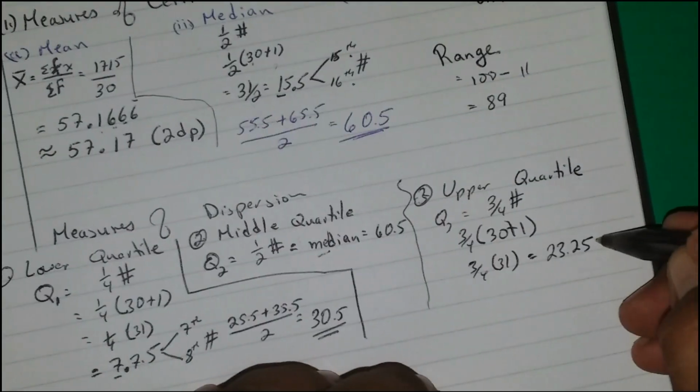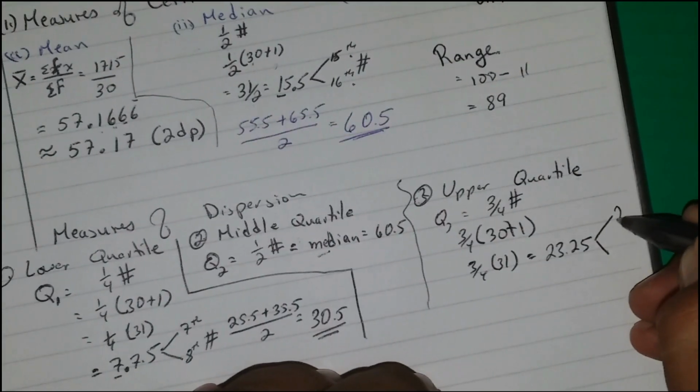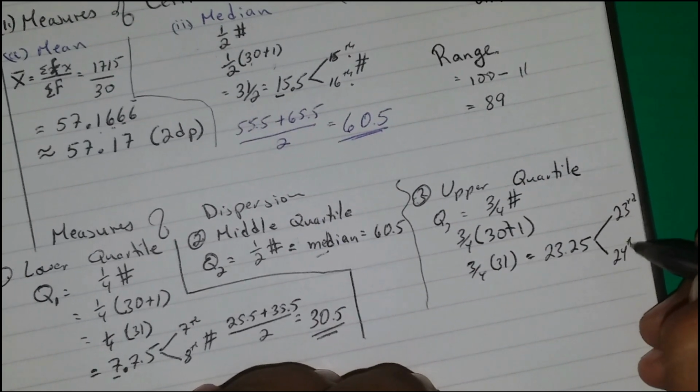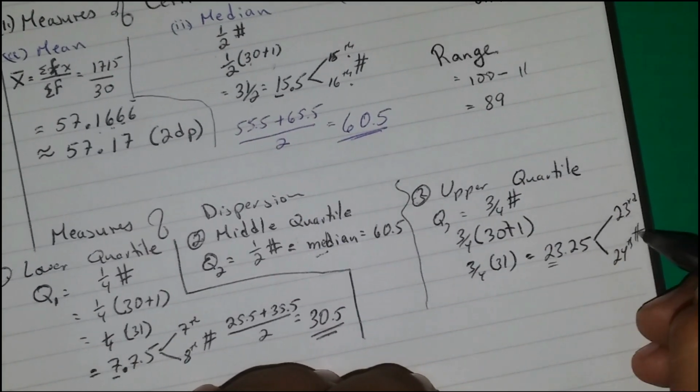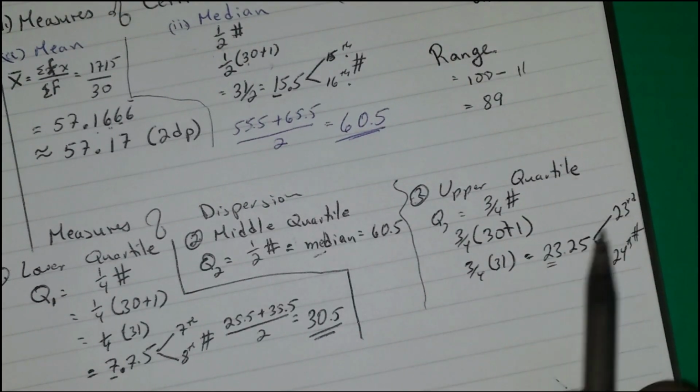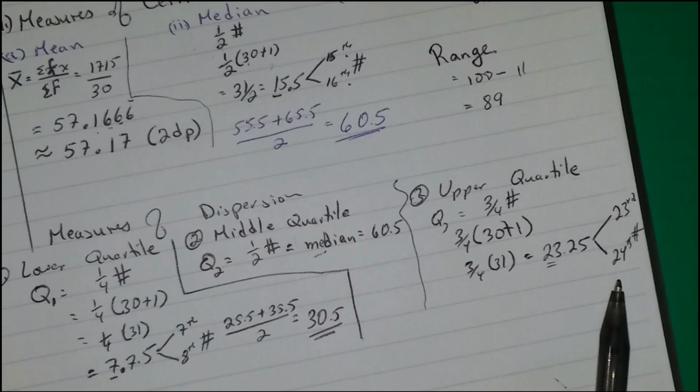Again, another decimal, it means it's two numbers, so that's going to be the 23rd number and the 24th number. Again, we take the whole number from the decimal, right?